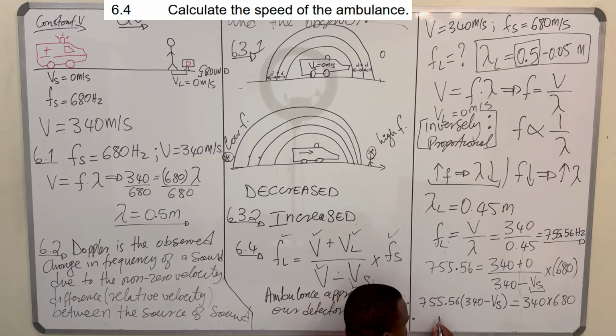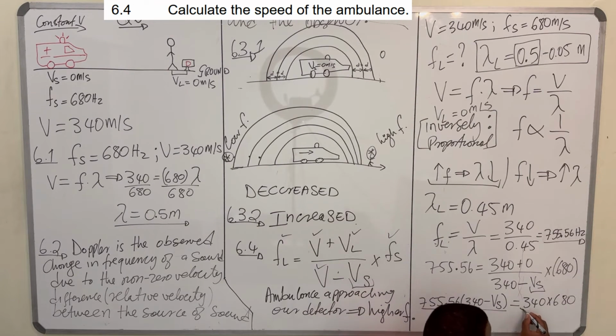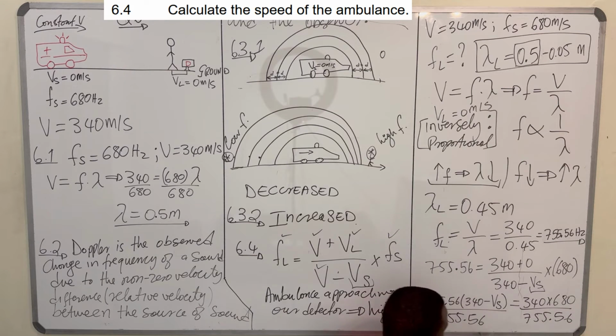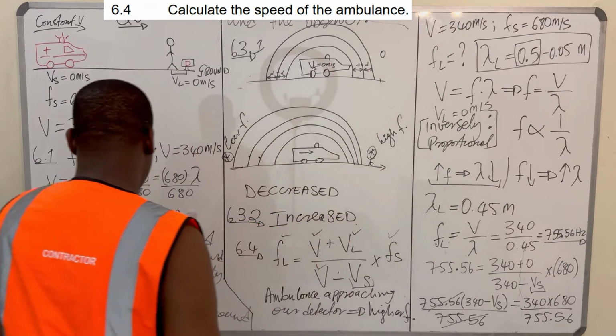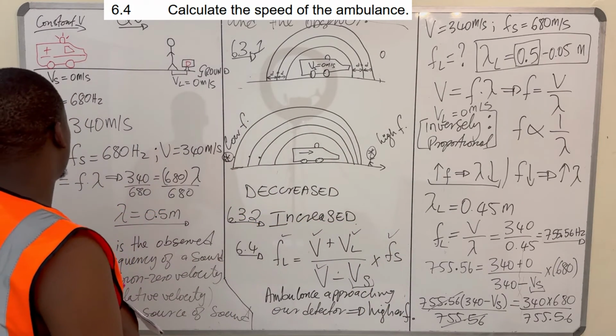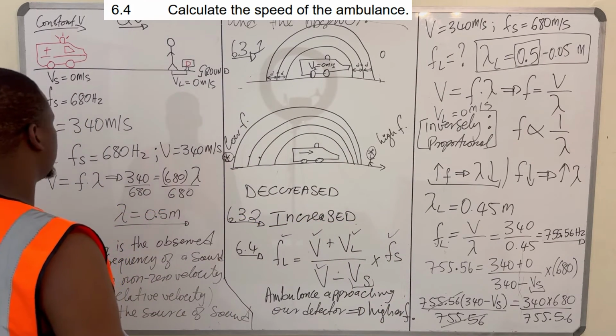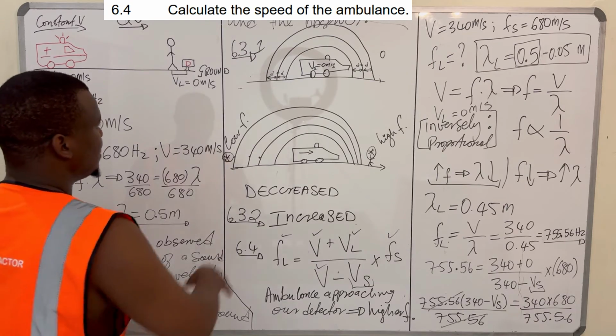So we divide this side by 755.56, and this side by 755.56. So this and this go away. I will have to clean a board somewhere. Let me clean just this side.